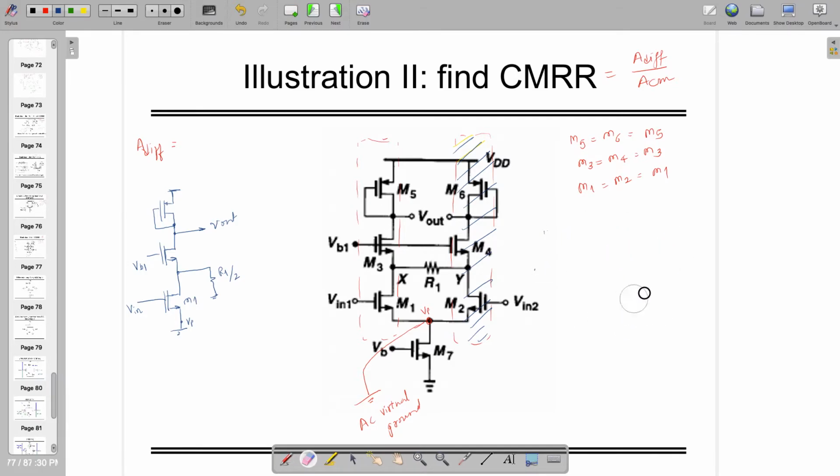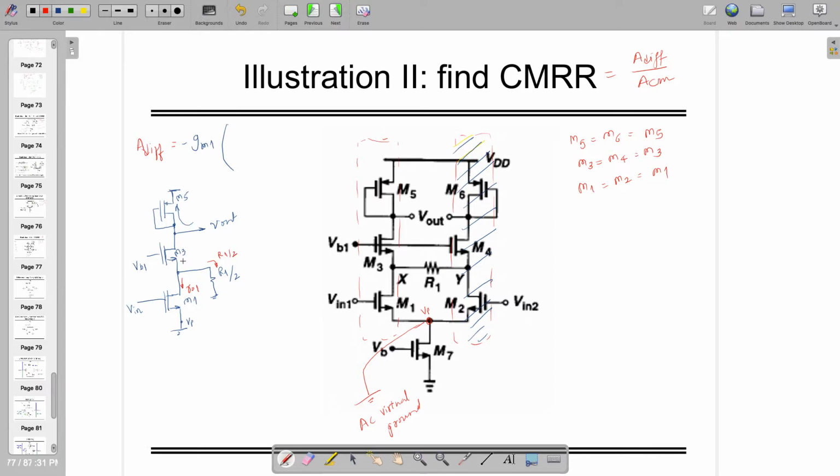Using this you can find the differential gain as follows: it is equal to minus gm1 times the output impedance. You need to find that out. So this is M5, this is M3, right? And along with that you can see from here, first of all, this is, by the way, a cascode. You can start from here. This side it's RO1, this side R1 by 2.